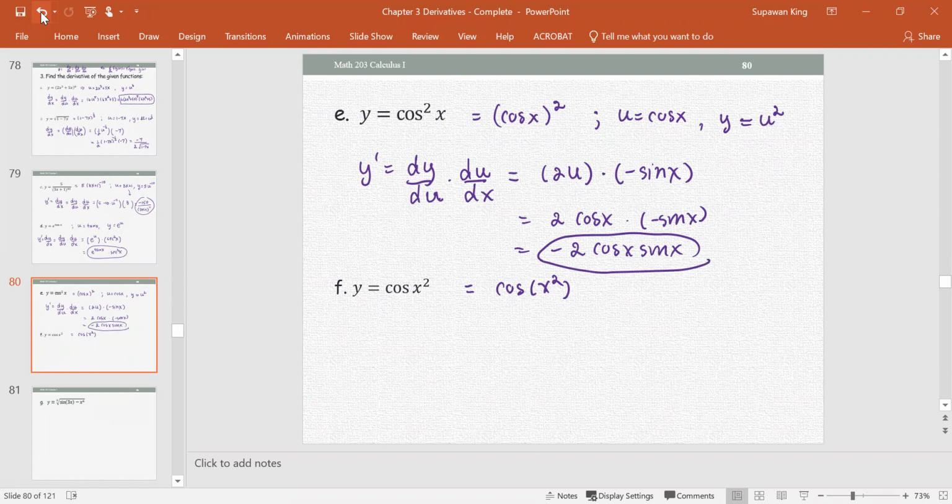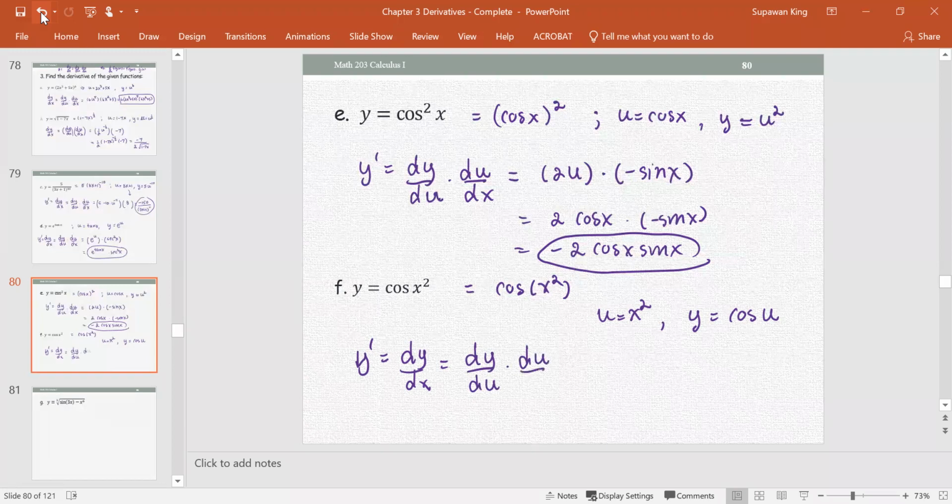In part F, we have y as cosine of the quantity x squared. This time we're going to let u be x squared, so the inner function is x squared. So y is the cosine of u. Y prime, or dy by dx, is the product of the derivative of y with respect to u and the derivative of u with respect to x.